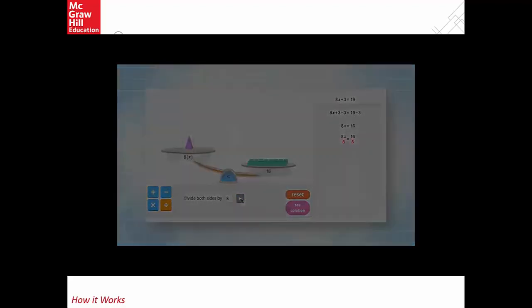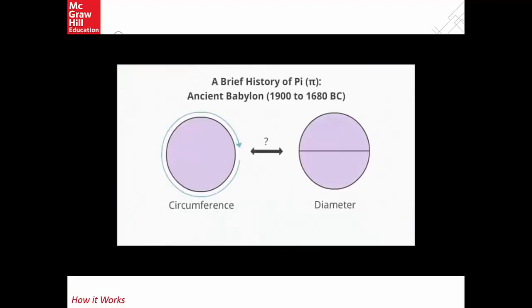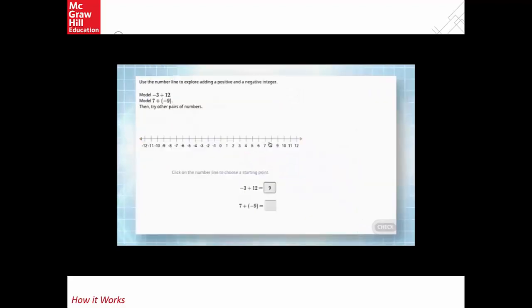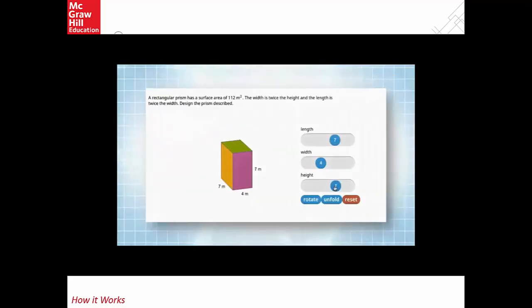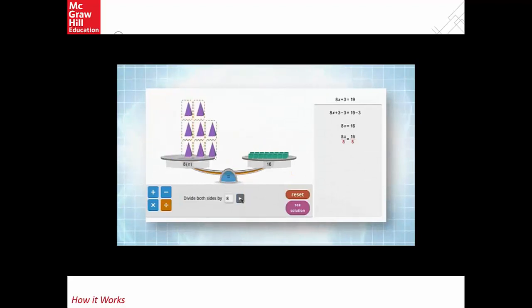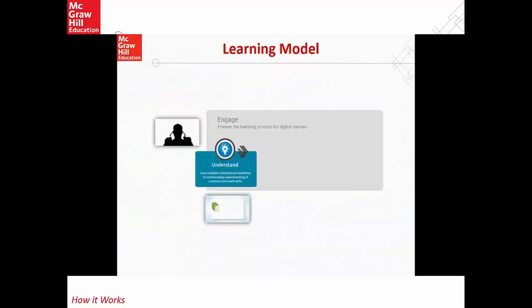So this is a stage where Redbird understands that the student is learning the material. They get to use the digital tools, just like you see here with the ruler and the number line on your screen. And the purpose of this is for the student to be very comfortable in understanding this material before trying to practice it on his or her own.